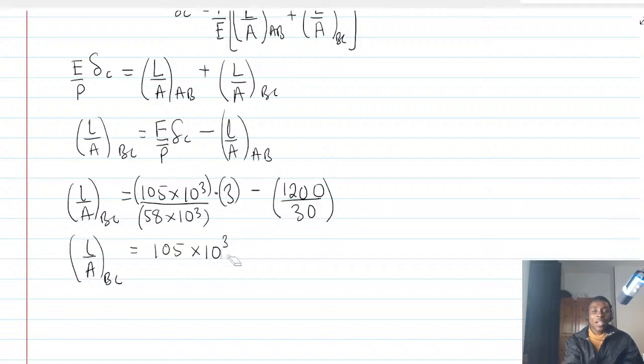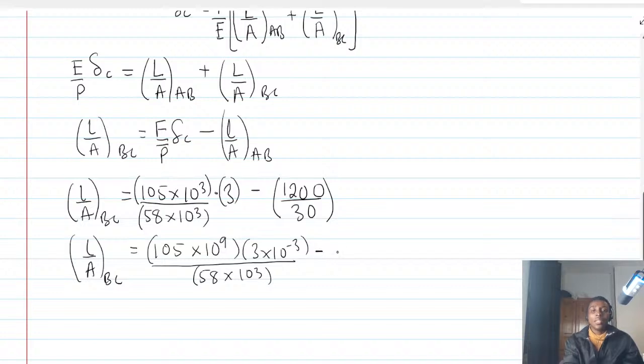Let me just make it gigapascal so that I don't confuse anyone. Then I'll multiply here by 3 times 10 to the power minus 3, divided by 58 times 10 to the power 3. That one is in kilonewton.